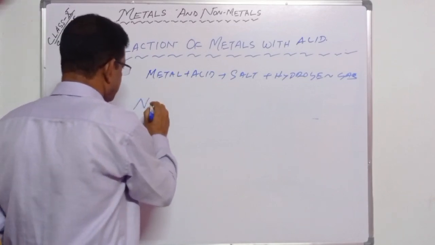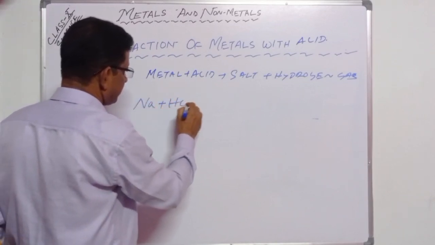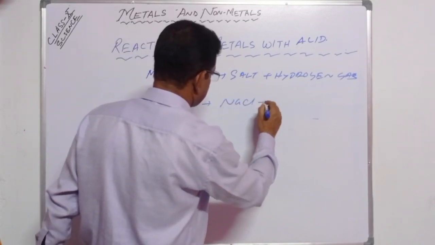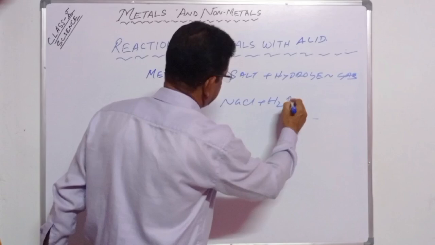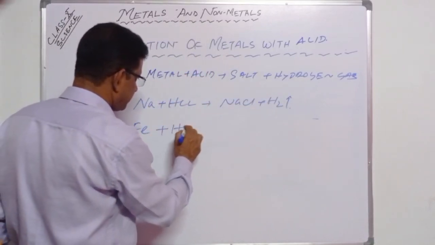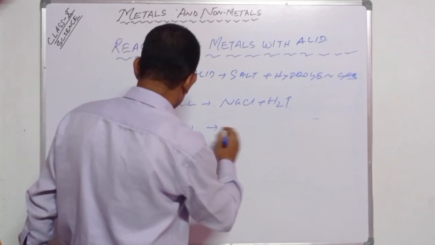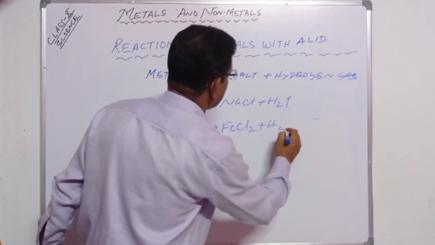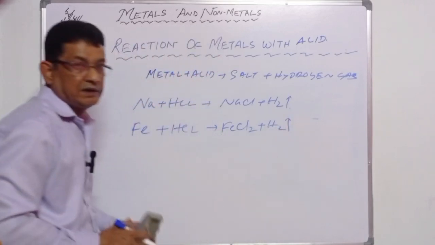Suppose sodium reacts with HCl, it will produce sodium chloride plus hydrogen gas. Next, iron reacts with HCl, it will produce iron chloride plus hydrogen gas.